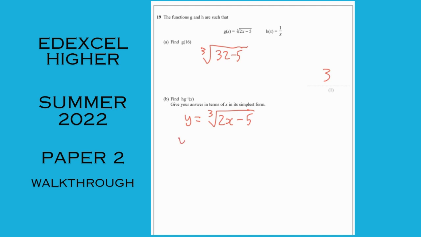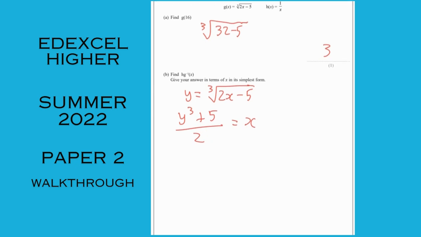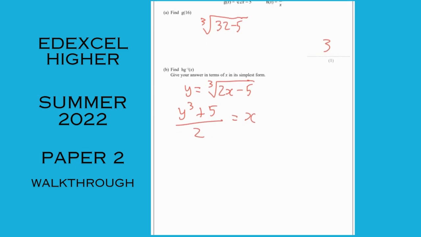So let's cube both sides, add 5, and divide by 2. Yep, I'm doing it all in one step. Let's speed it up. So that means we've got the inverse function of g. We just replace the x and the y, interchange them, like so.